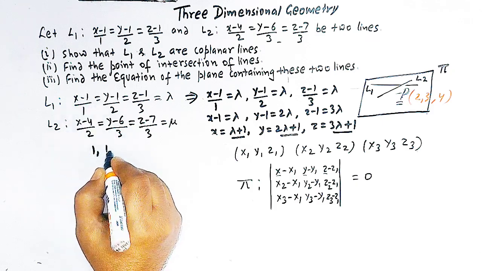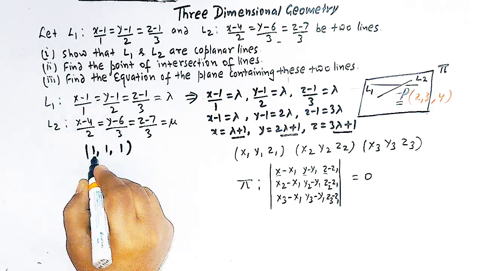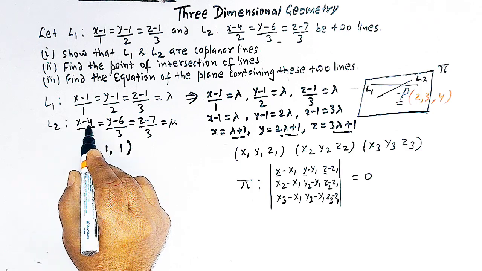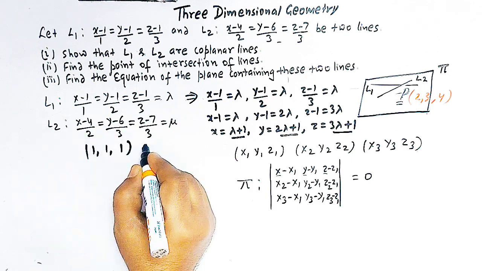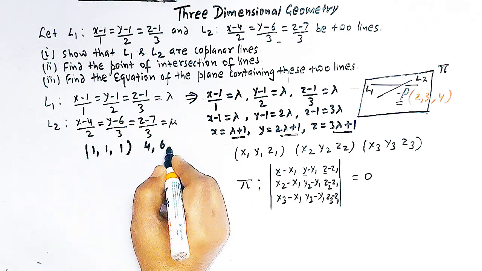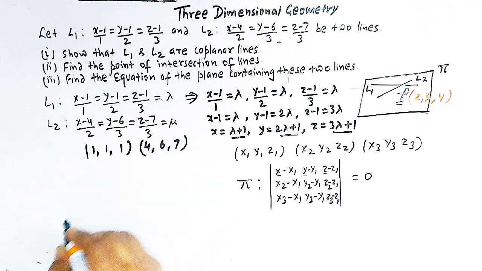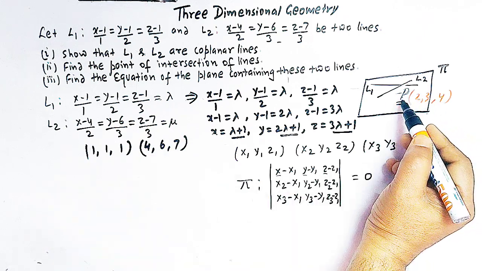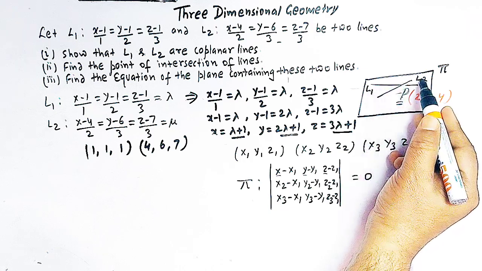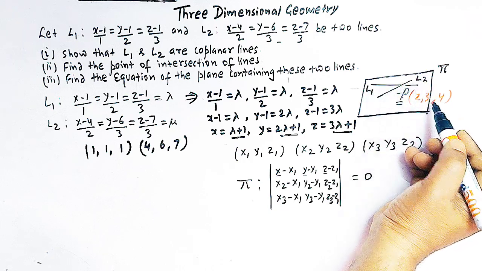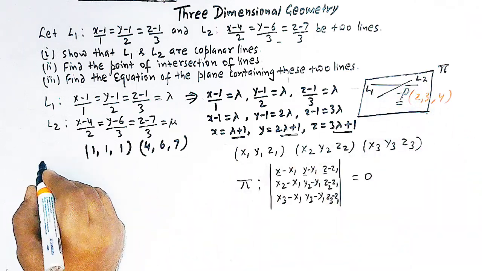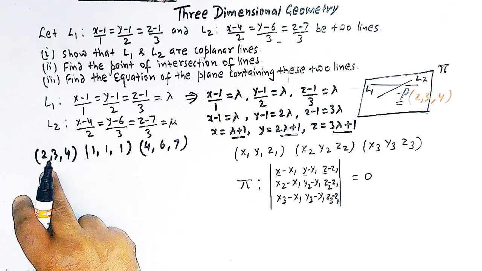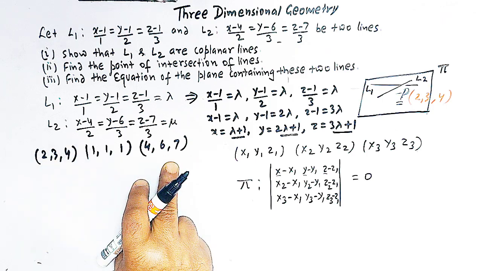Now this line L2 passes through the point 4, 6, and 7, right? So we now have 3 points, right?